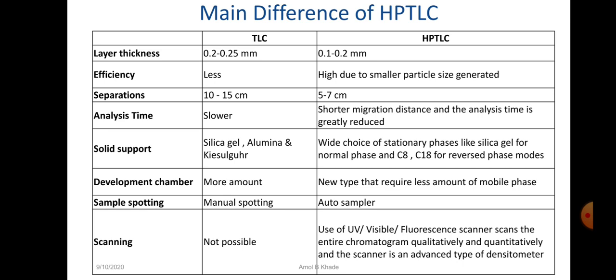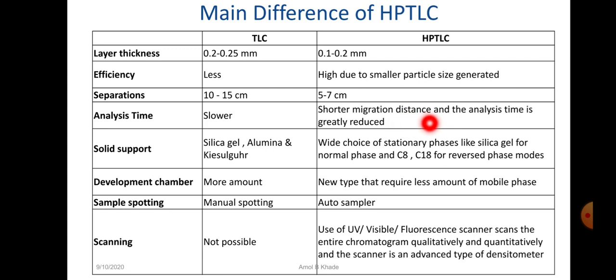When we look at the separation, in a TLC experiment we usually require a 10 to 15 centimeter plate height, whereas in HPTLC we can take plates of 5 to 7 centimeter. Analysis time is quite slow in TLC, again due to the particle size and thickness of the stationary phase, whereas in HPTLC the migration time is very fast and we can speed up the analysis.